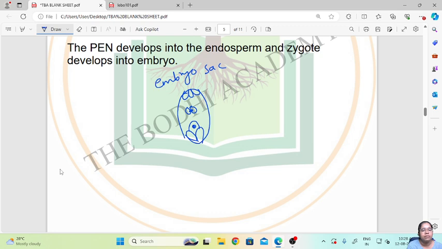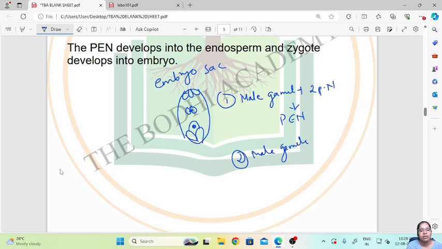So in the first case, the male gamete will fuse with the two polar nucleus, which will form the primary endosperm nucleus. So this will result in endosperm, and the second male gamete will fuse with the egg apparatus, or egg nucleus. This will result in formation of the zygote. So in this process the fertilization is happening twice, hence it is termed double fertilization.